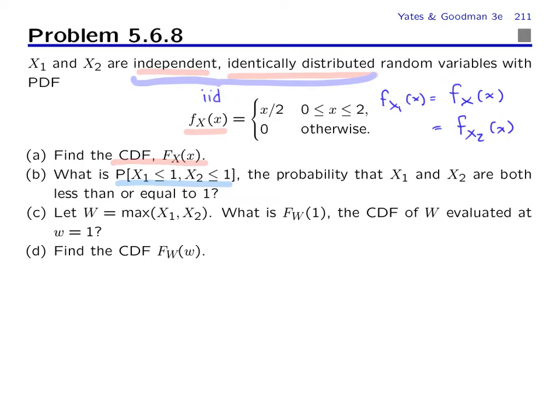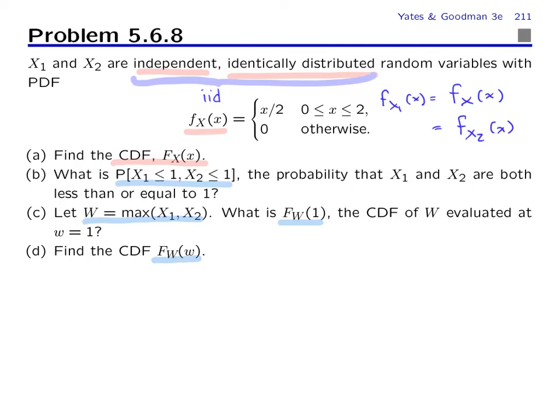The next step generalizes the previous step by asking you about a random variable w, which is the max of the two. We'll see that the calculation of the CDF of w at 1 is essentially the same as in part B. And then finally, the fourth step, the kind of thing you do if this were on an exam and you're planning on getting an A, is to be able to, in general, find the CDF of W.